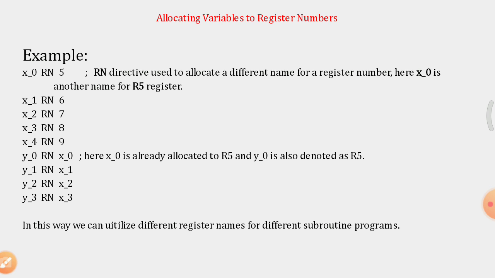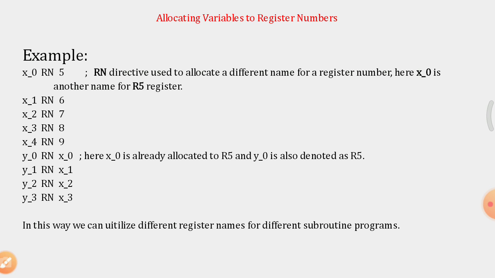So why do we have to allocate a different name for the same register? It means when I am working in one main program, I am going to use the register R5 with the name R5 only.